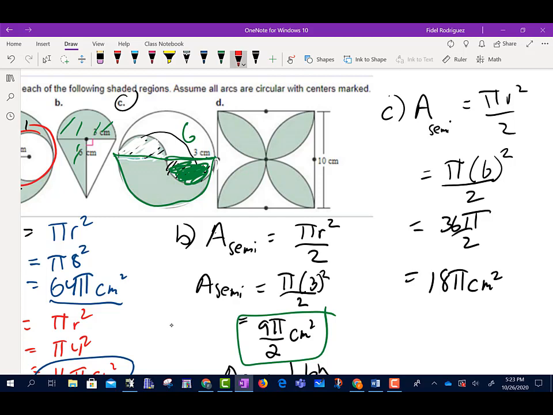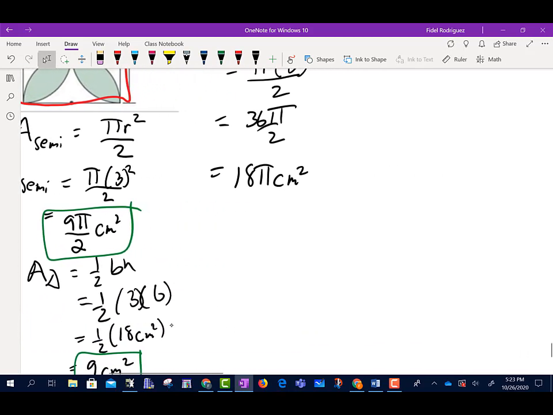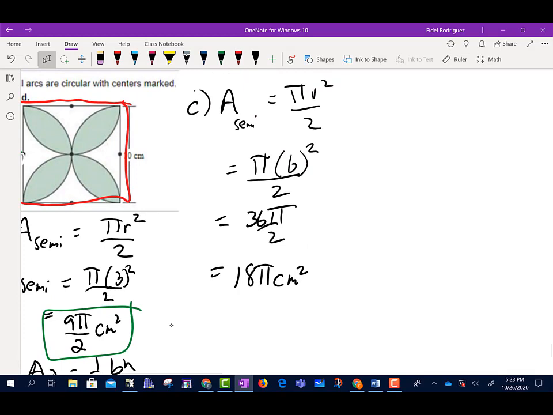All right. And now we're going to do part D. Okay. So part D, let's see if I have a little bit more room over here. Let's see if I can kind of copy this down. So part D, we have something that kind of looks like this.